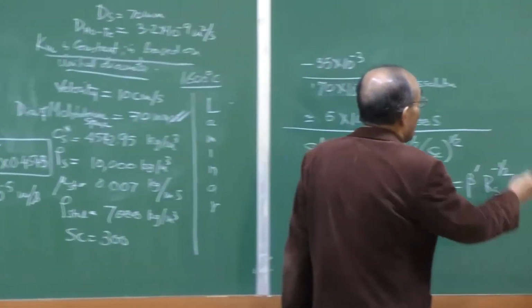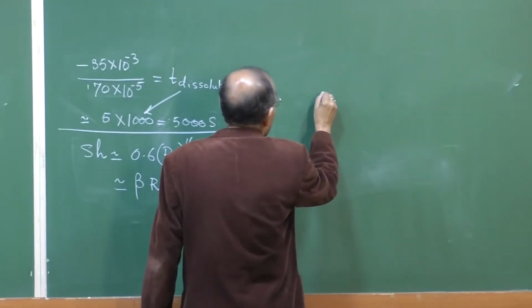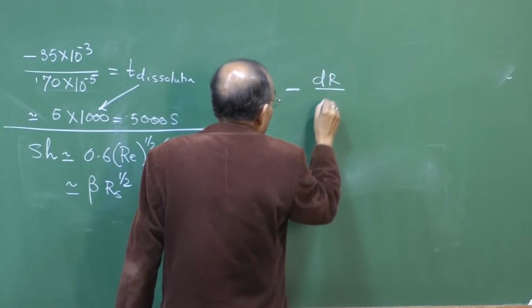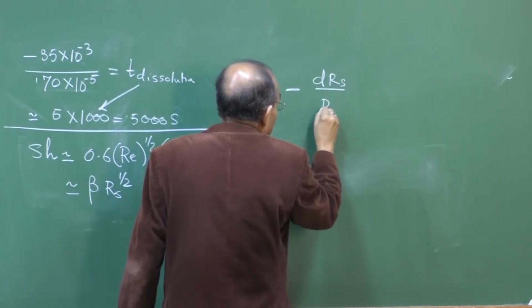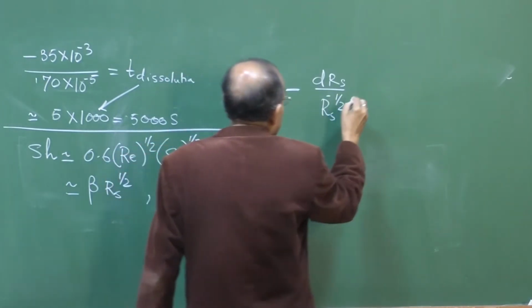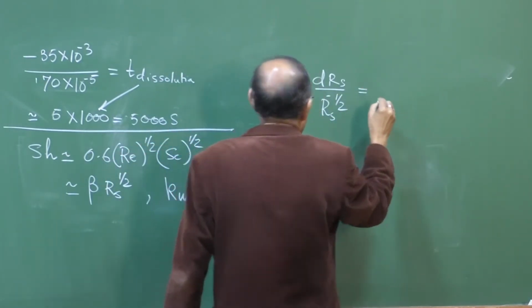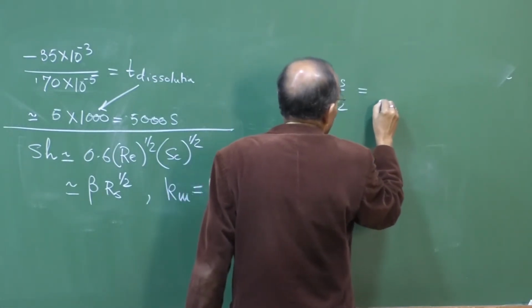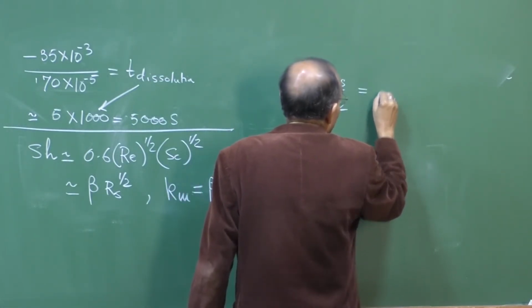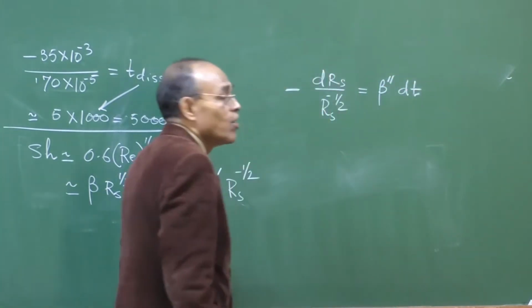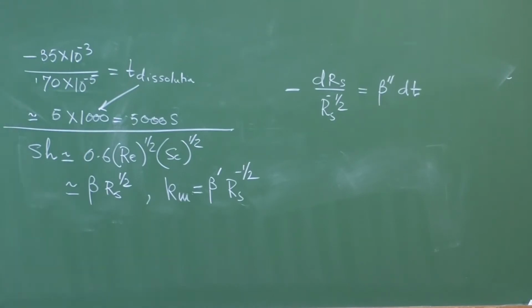The final expression will come out to be minus Rs raised to the power minus half, and then some constant that you will have to calculate, beta double prime, and this is going to be dt. That is the integration that you have to do.